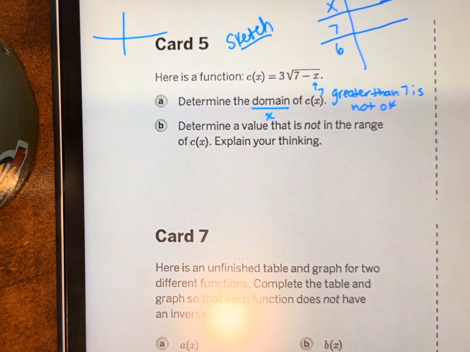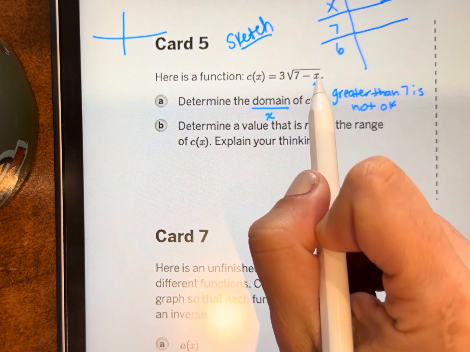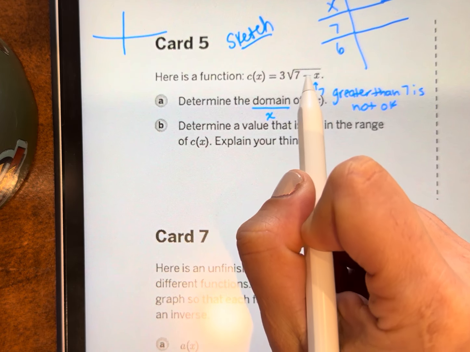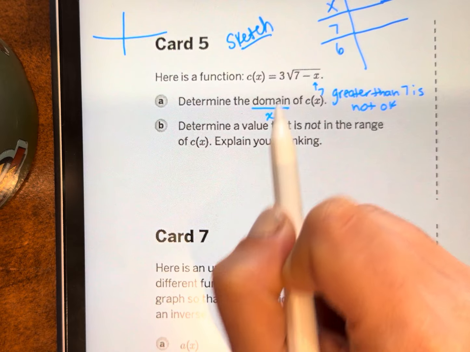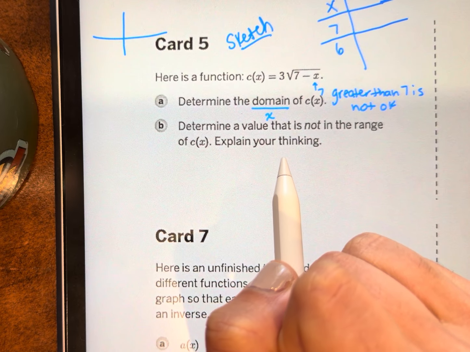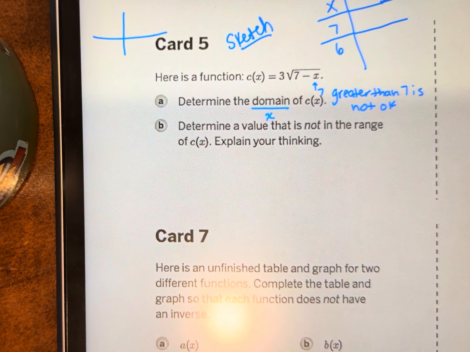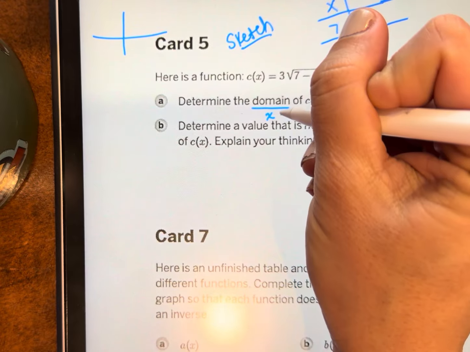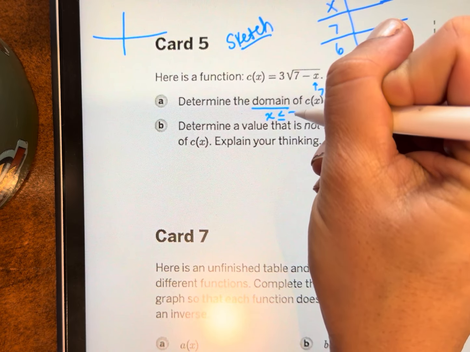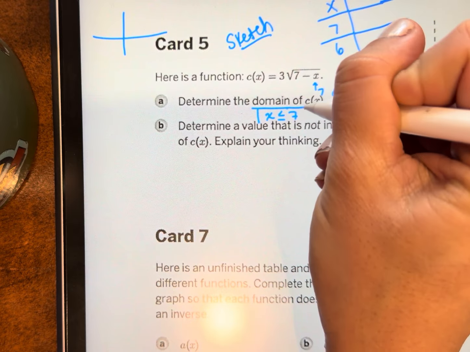Anything else is okay. The reason being, if I put in any number bigger than 7, when I do 7 minus that number, I get a negative. And the square root of a negative, we can't do. So that just tells me my domain, essentially, you guys. The domain is any number that's less than or equal to 7. That excludes anything greater than 7. So x less than or equal to 7. Boom. Domain. Done.